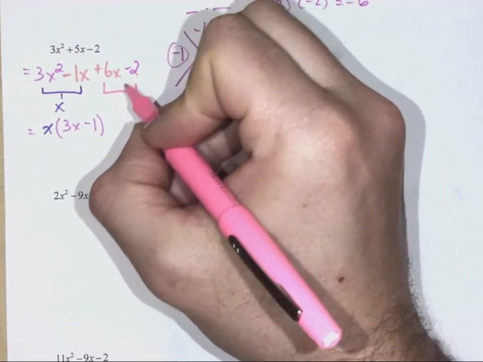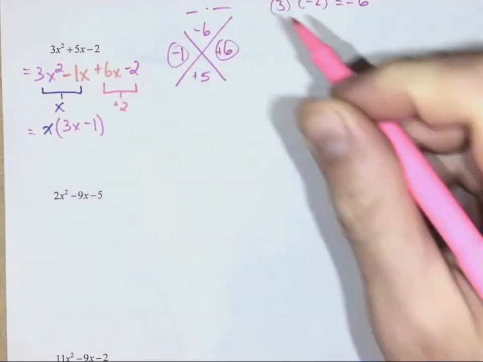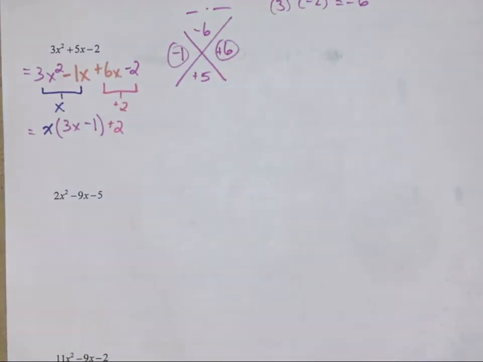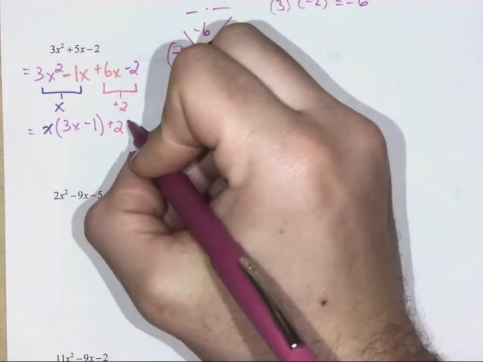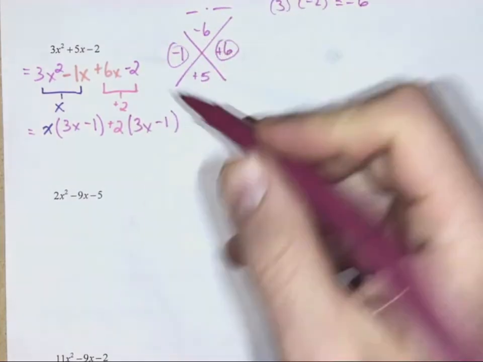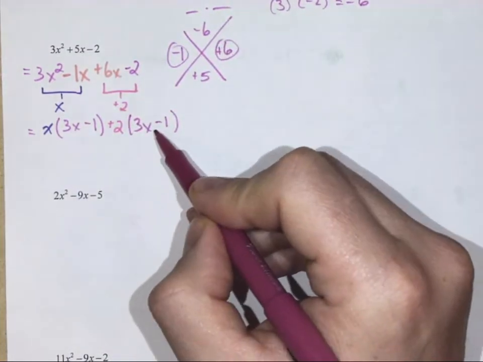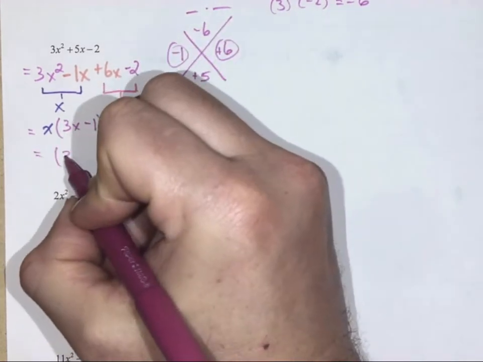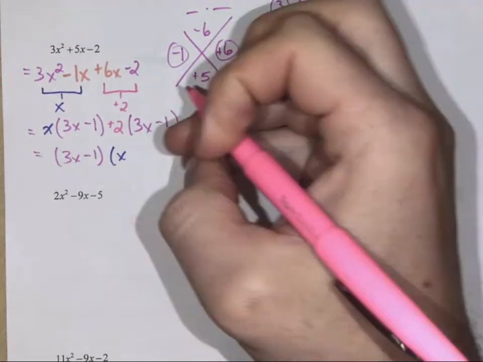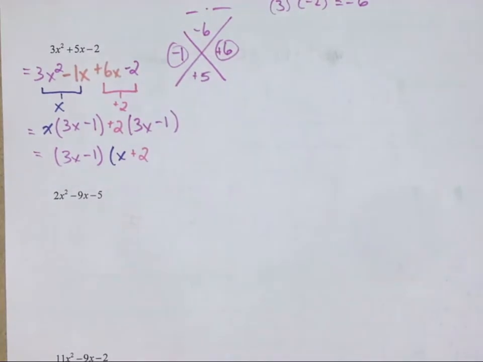So I'm going to take out a positive 2. 6x divided by 2 is 3x. Negative 2 divided by 2 is negative 1. Look at that: 3x minus 1, 3x minus 1. I group them together, and my second bracket is x plus 2.